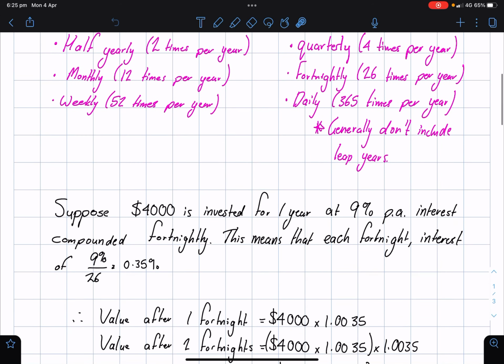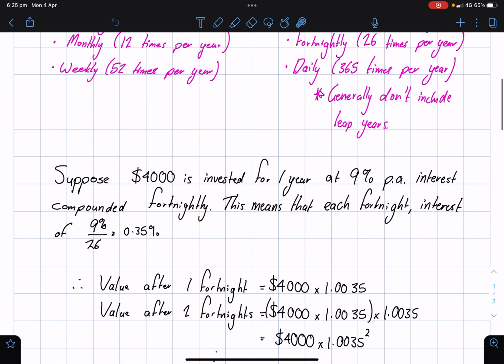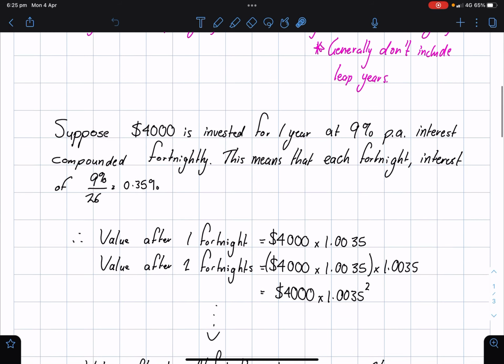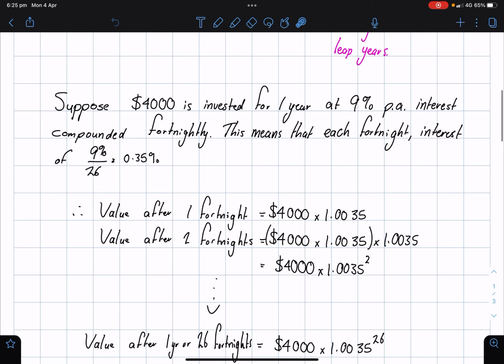After 2 fortnights' worth, we've got our 1 fortnight's worth times again by that 1.0035. So that comes out to be $4,000 times by 1.0035 squared. And this will continue all the way on until we reach the value of 26 fortnights, which is $4,000 times by 1.0035 to the power of 26, okay?